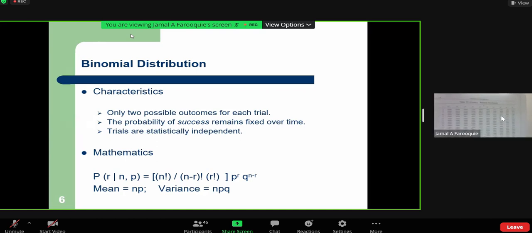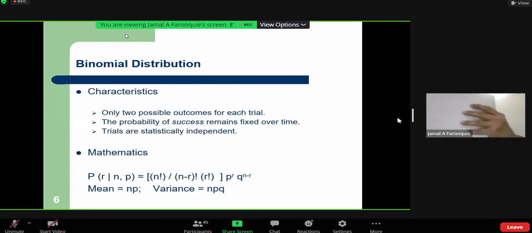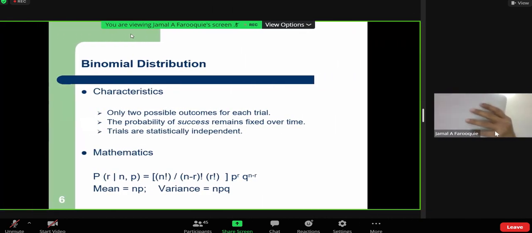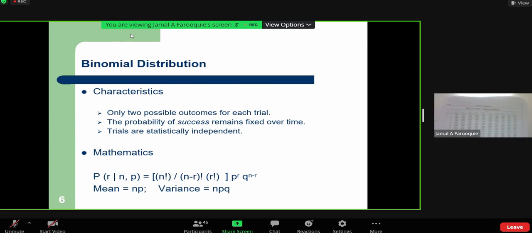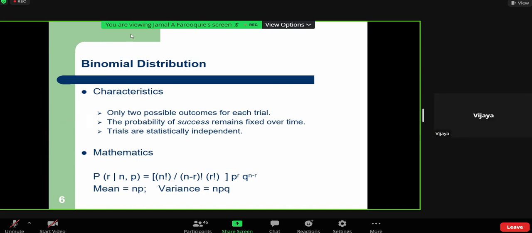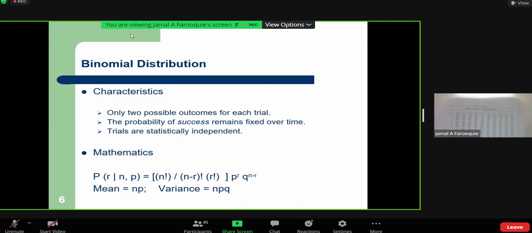So there is a header row. The header row means there are certain values like 0.05, 0.1, 0.15, 0.20, and so on up to 0.50.